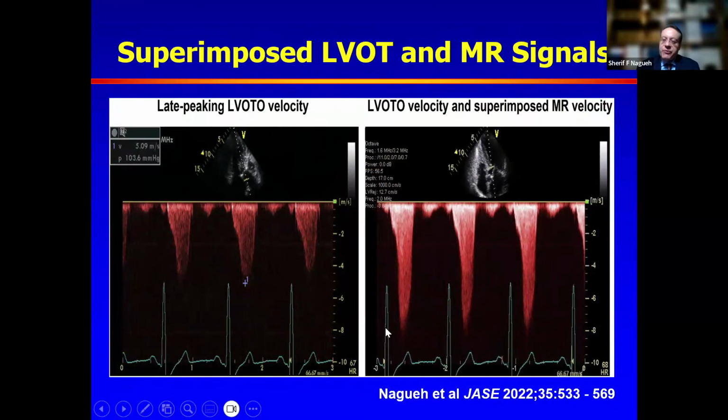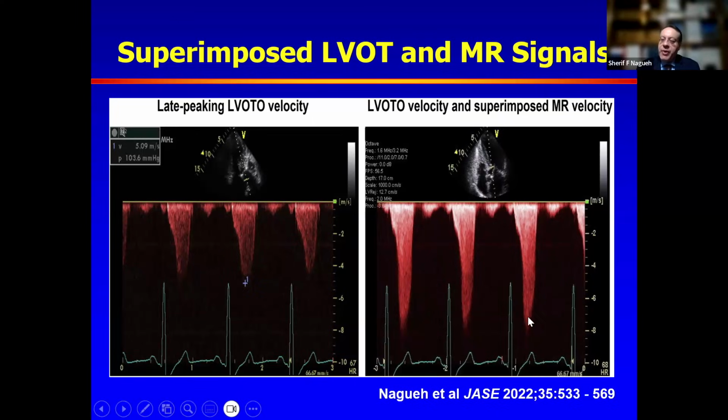It is possible for the sonographer, by changing the alignment of the ultrasound beam with the flow, to record the mitral regurgitation jet. And in this case, we are recording the mitral regurg. Notice that the peak of the mitral regurg is much higher, about 7.5 meters per second or so. And the dynamic obstruction signal is superimposed.